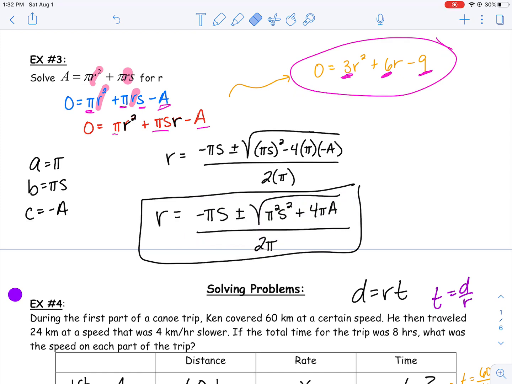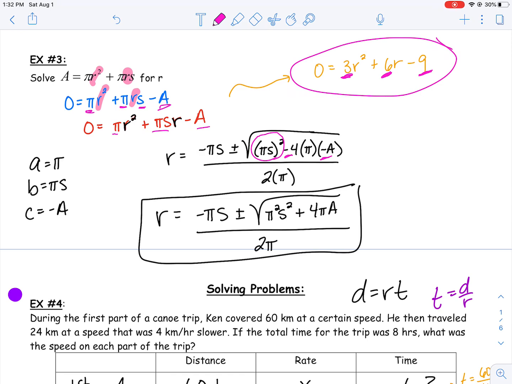I have a negative pi s in front, then plus or minus. Right here, I have a pi s squared. That means I have a pi s times another pi s, or could I say pi squared s squared? The two negatives from the -4 and the negative a make a positive, so that's how I got the positive 4, pi, and a.